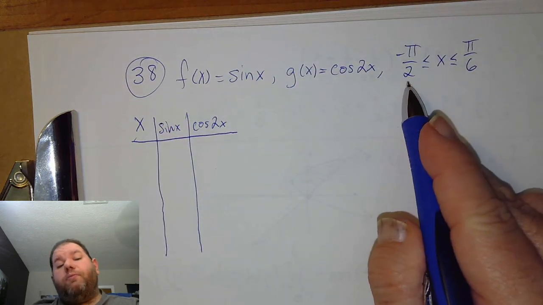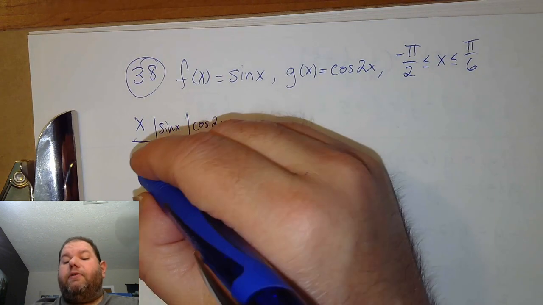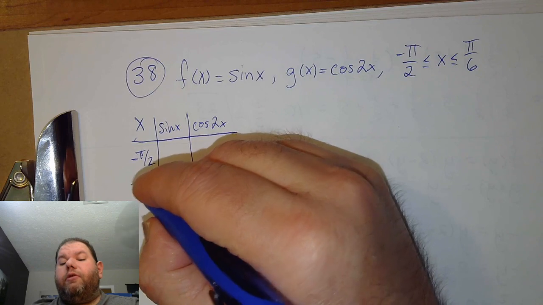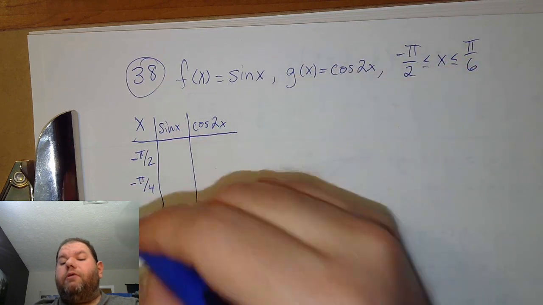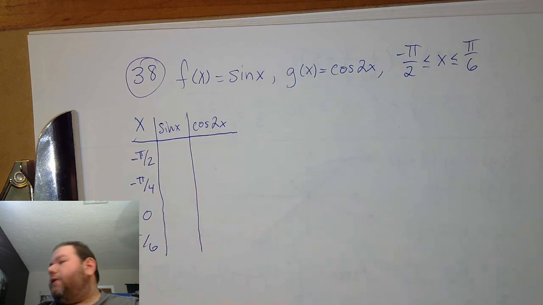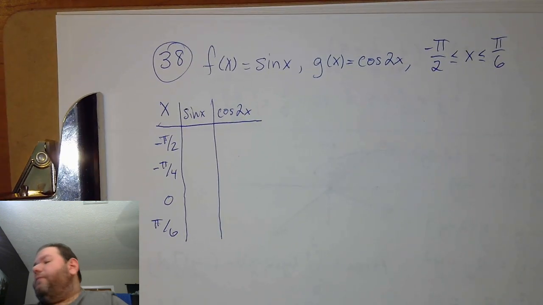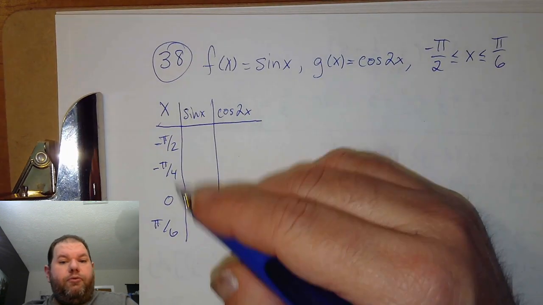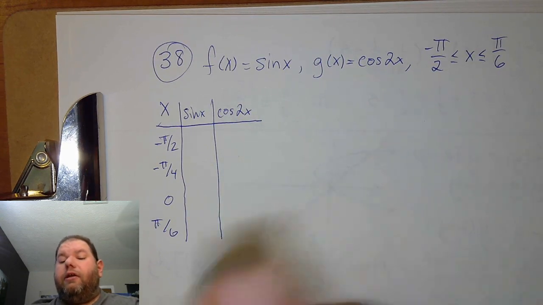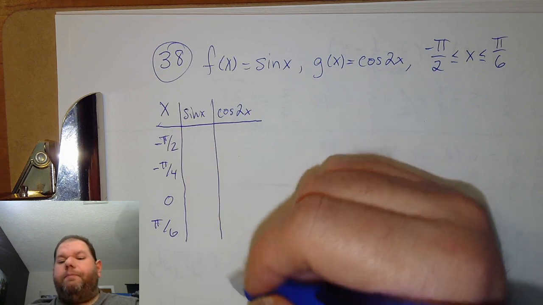Now our lowest point we have to worry about is negative pi over 2. I'm going to go ahead and throw in negative pi over 4 and 0, and then our top limit is pi over 6. So I wanted to put a few more points in between so we can get a better idea of what the graph looks like between these two endpoints.